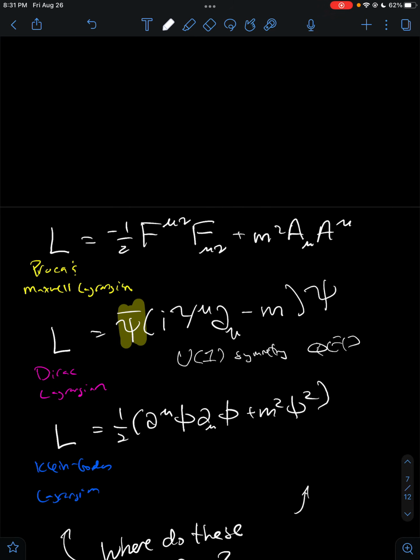We've been talking about electrons and photons, but this Lagrangian can also describe gluons. All we have to do is add a color index, like in the Faraday tensor there, and that describes color interactions.